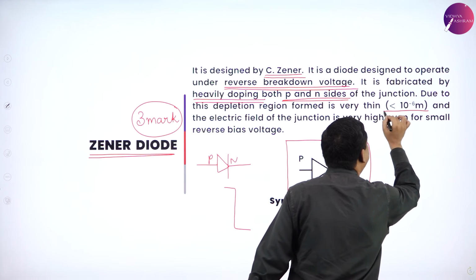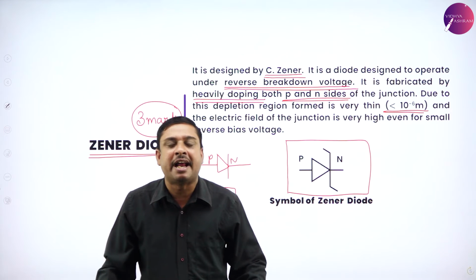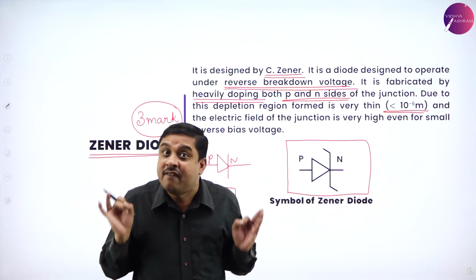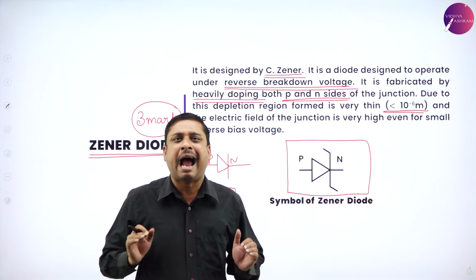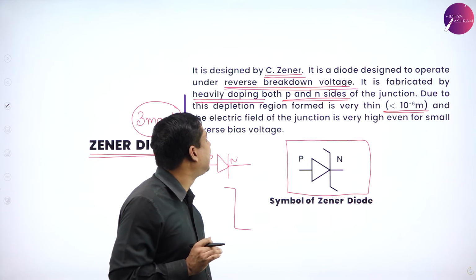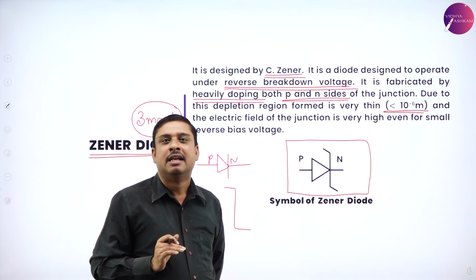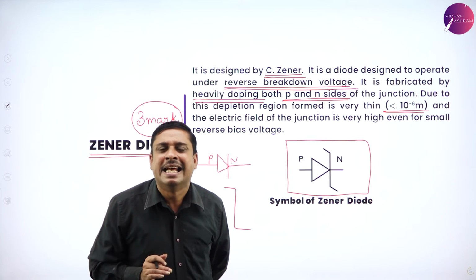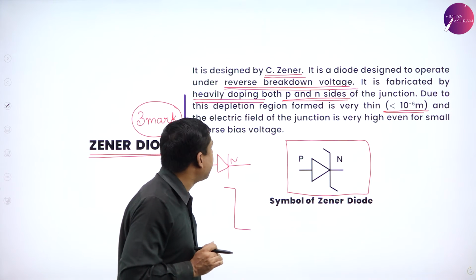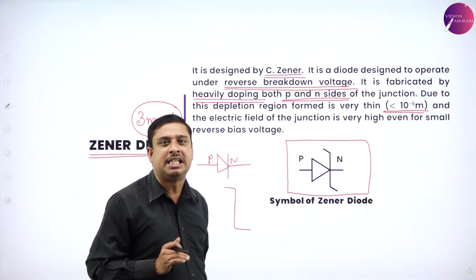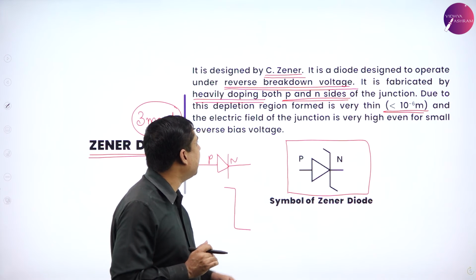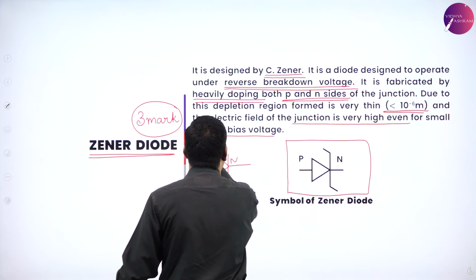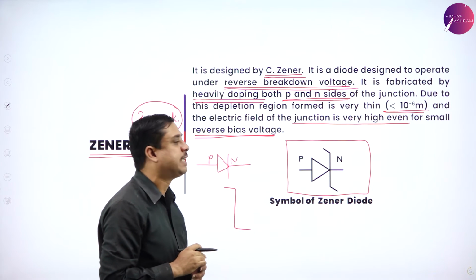P and N sides are heavily doped so that the depletion region formed is very thin, a potential barrier of around 10 power minus 6 meter. And the electric field of the junction is very high even for reverse bias voltage.